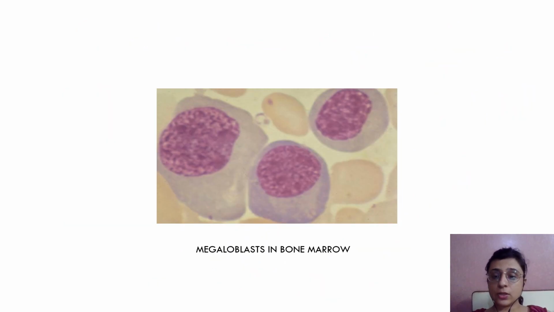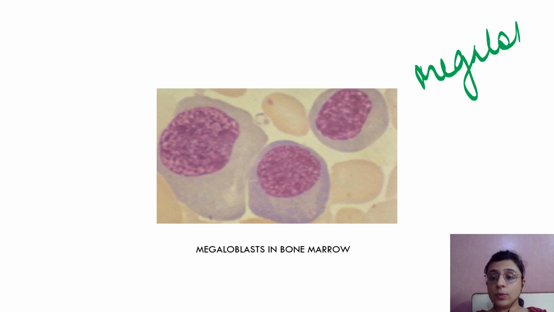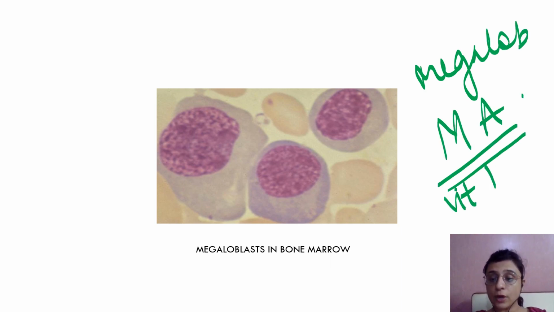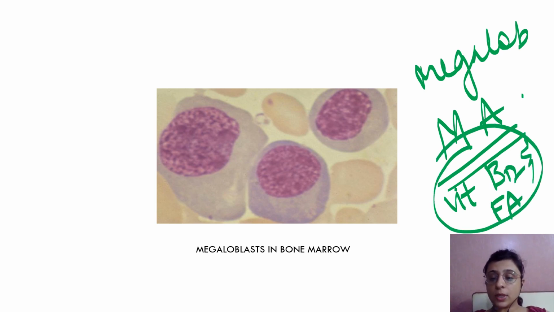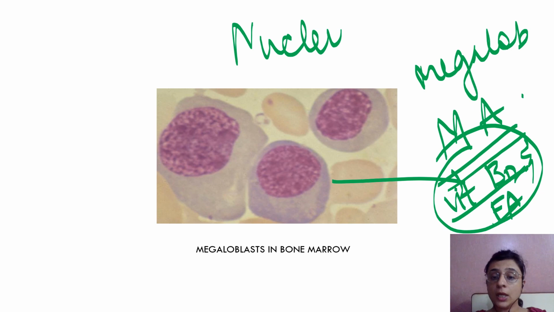Now when we move next to megaloblast, megaloblasts are seen, as the name suggests, in megaloblastic anemia, where there is deficiency of vitamin B12 and folic acid. What is happening is, because the nucleus maturation depends upon these, and these are deficient, nucleus maturation lags behind, does not occur.